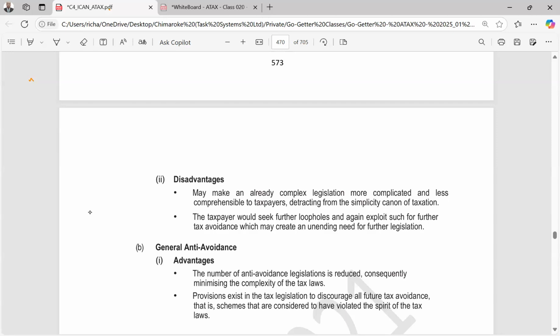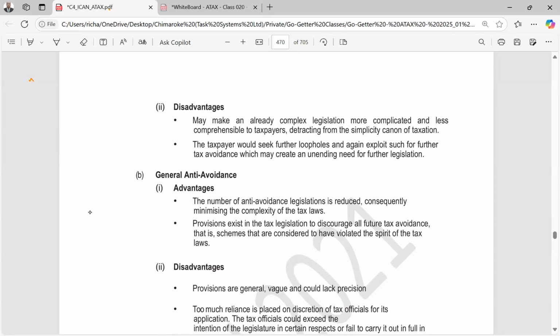What about general anti-avoidance? The advantage is that it is done once and it reduces the legislation. The anti-avoidance legislation is reduced because you are making a general legislation and not specific, and so that legislation covers a broad range of items.